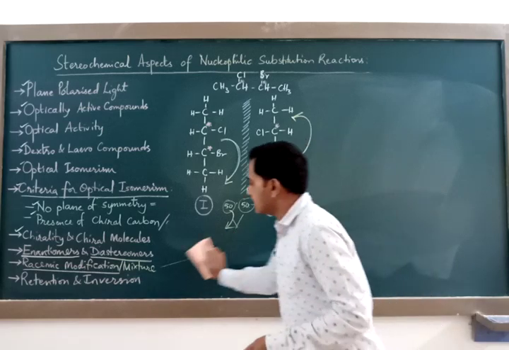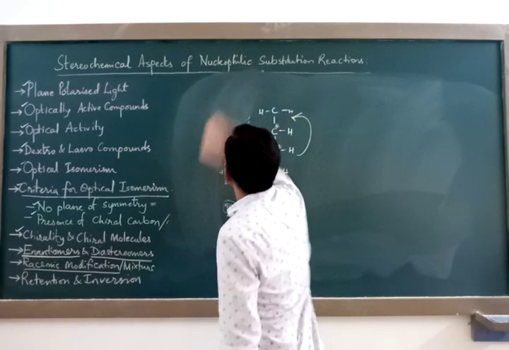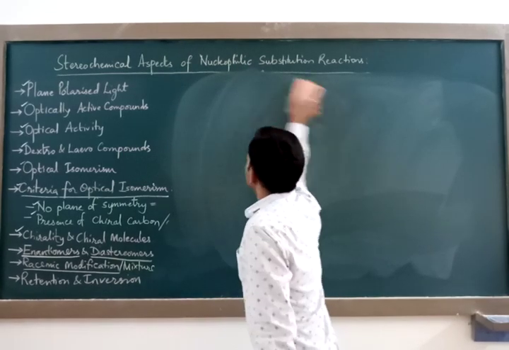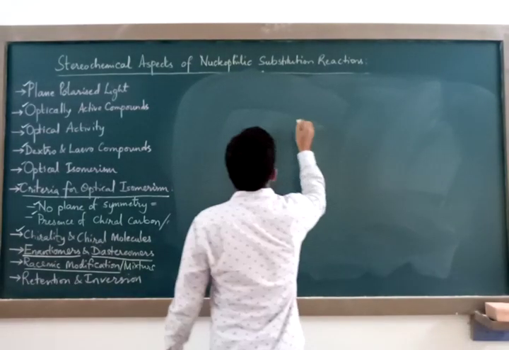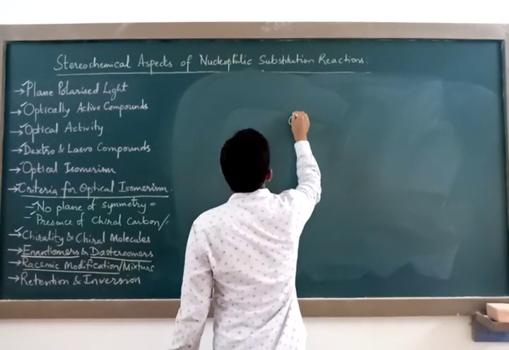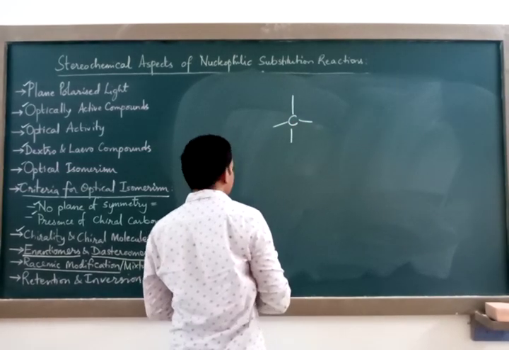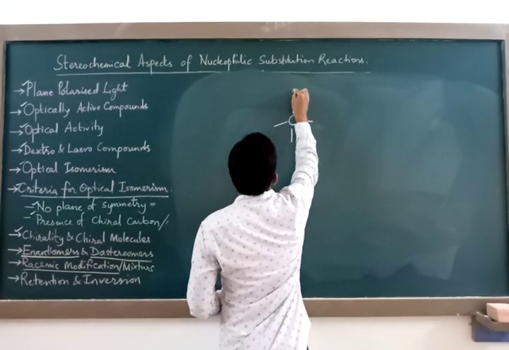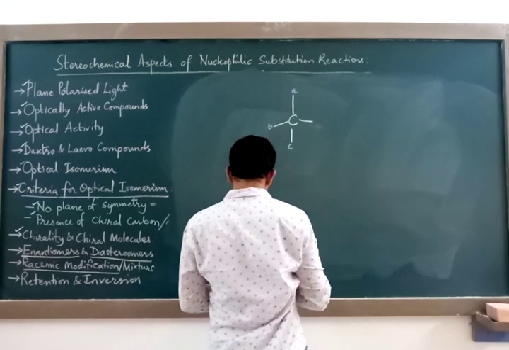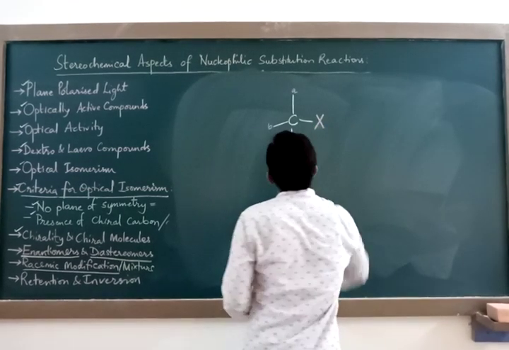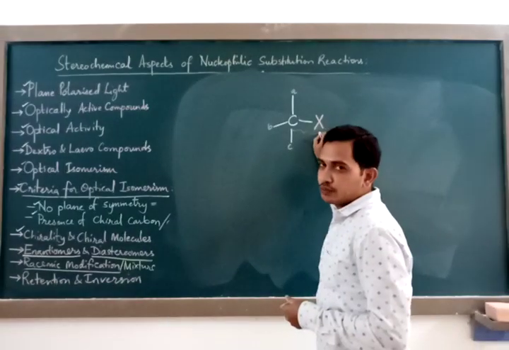Now we have come to the last part, retention and inversion. Let us see how this happens. In any chemical reaction, say we have a reaction of this type, a molecule with carbon and different atoms or groups attached to it, A, B, C and say X. We are more concerned about this bond, the carbon and halogen bond.